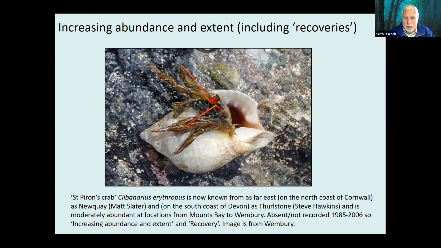But it seems as if there is local recruitment now, including observations of what they call nurseries of St. Piran's crab in places like Hannafore Point at Looe. It does seem as if the populations might be self-recruiting of this warm water species. So a recovery and an increase in extent, and perhaps with luck, because they're a very interesting story and they're very pretty, the St. Piran's hermit crab is here for good.